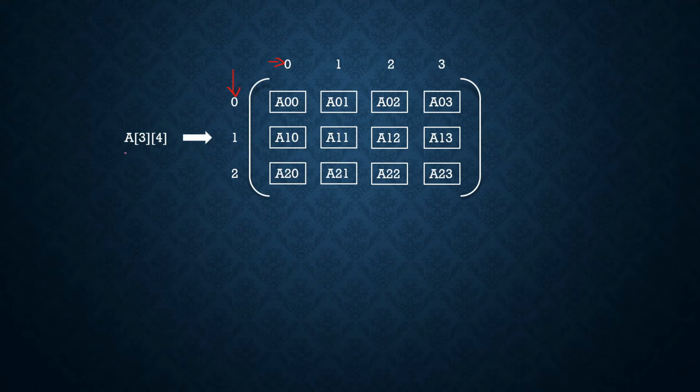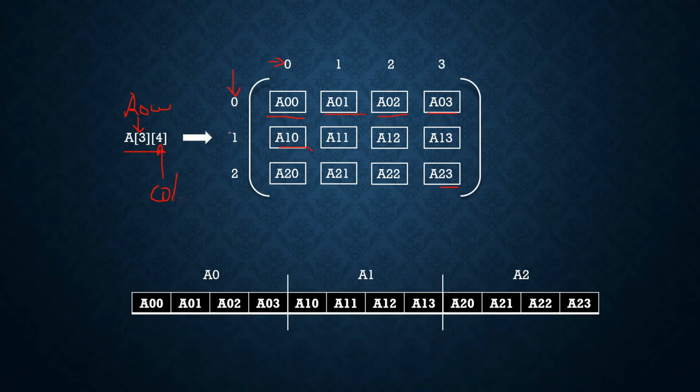So here you can see A3,4. 3 represents the rows and 4 represents the columns. Here the first element is 00, the second is 01, the third is 02, then 03, and so on.